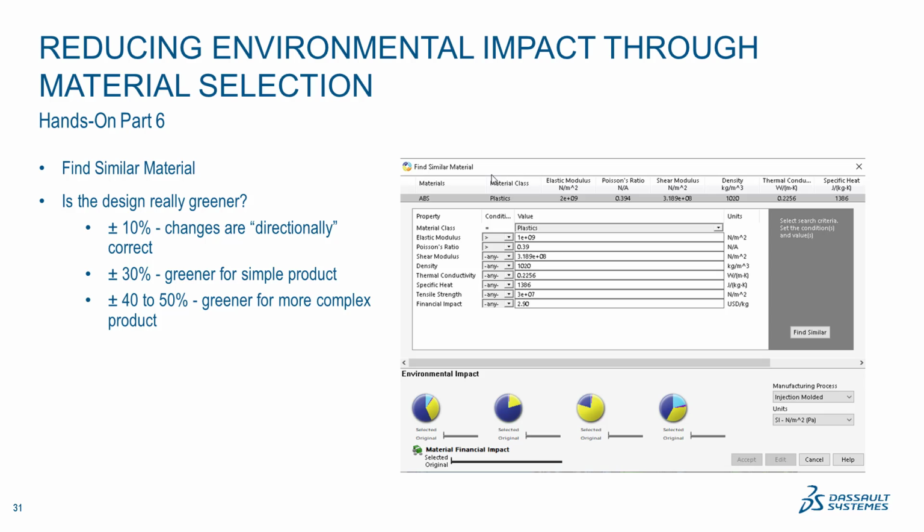And so I would actually submit that it has to be greater than 50%. Let's say if your product is a car or a motorcycle or an airplane or something like that. So for more complex products, more complex assemblies with multiple materials and manufacturing processes and things like that, you could consider that one alternative is greener than another when the changes are at least 40% and hopefully higher.